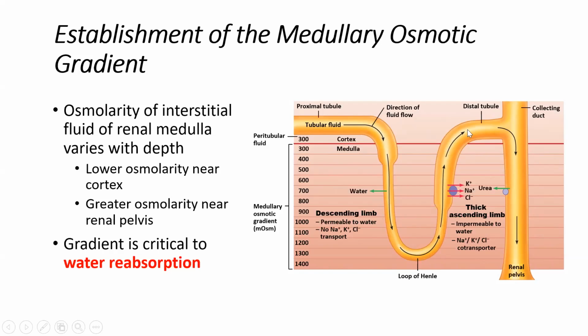So there's a gradient of the solute concentration happening here as well. Closer to the cortex, the osmolarity is lower. But as we get down into the medulla and we approach the renal pelvis, which is the center of the kidney, the osmolarity is drastically higher. And this gradient of the osmolarity is critical to the water reabsorption that happens along the kidney.